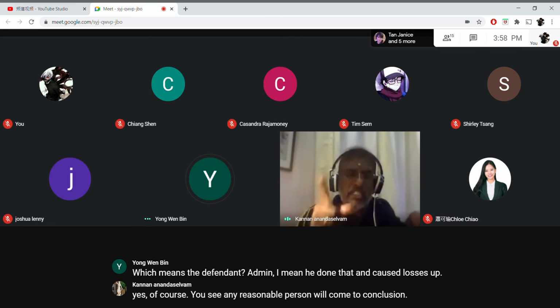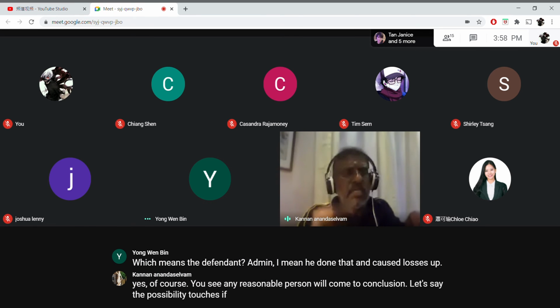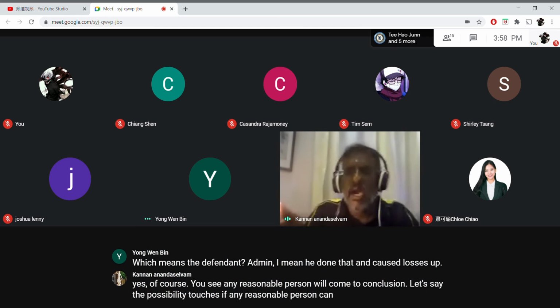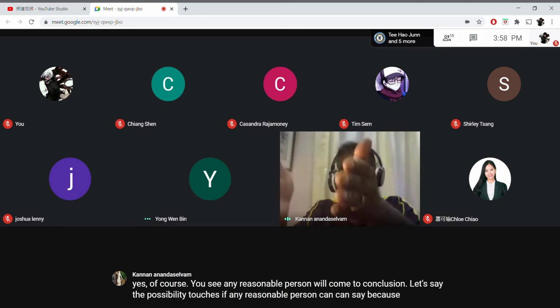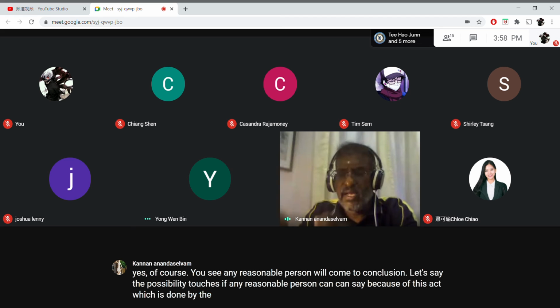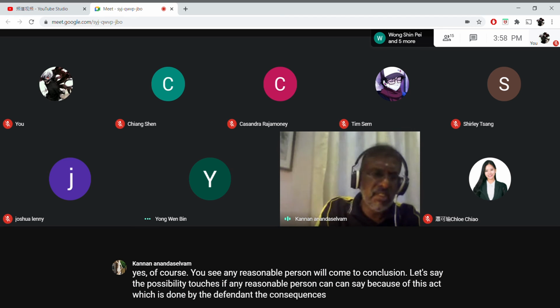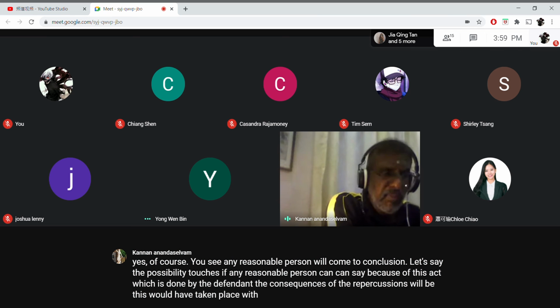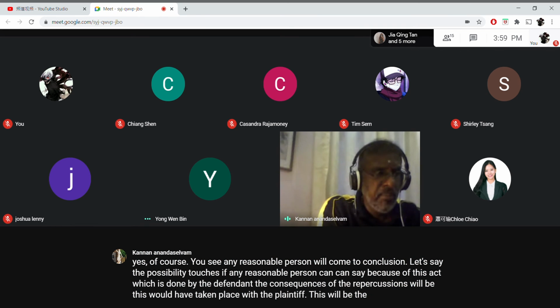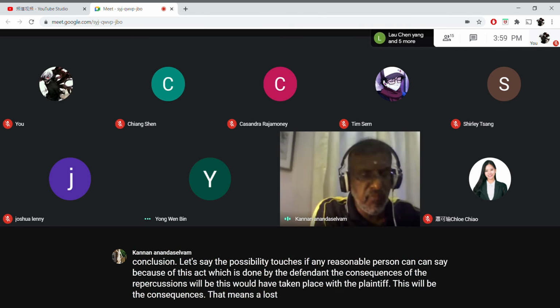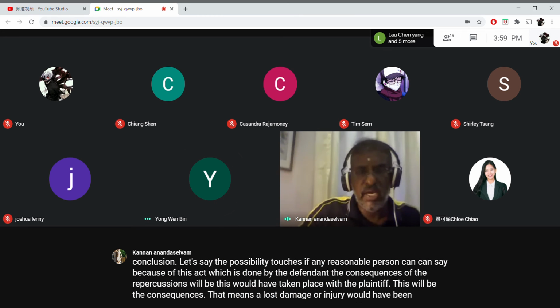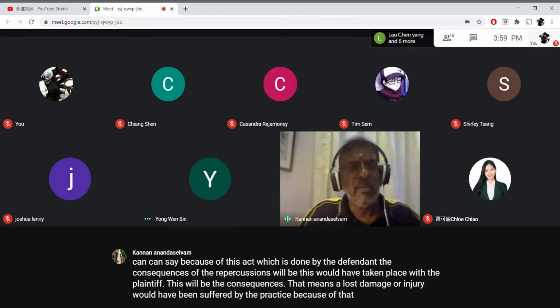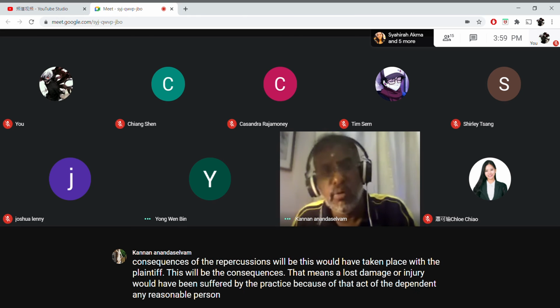Let's say the possibility test says if any reasonable person can say because of this act which is done by the defendant, the consequences or the repercussions will be this, that would have taken place with the plaintiff. That means a loss, damage, or injury would have been suffered by the plaintiff because of the act of the defendant. Any reasonable person could foresee.